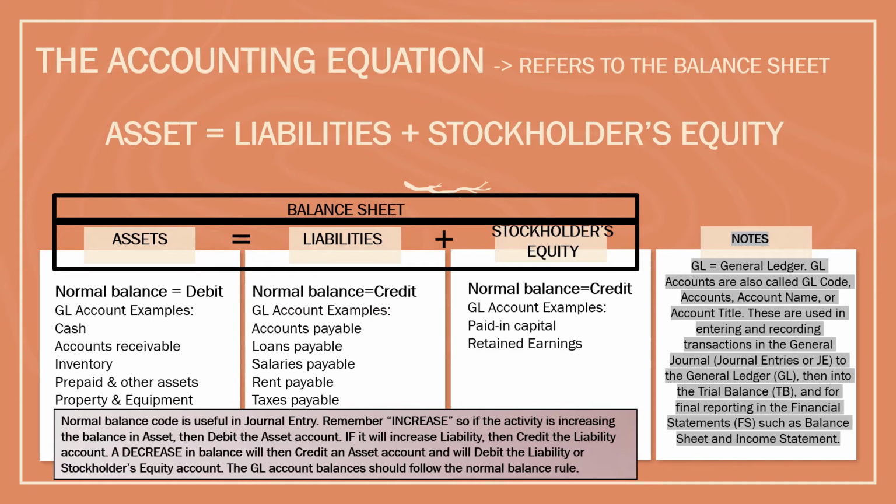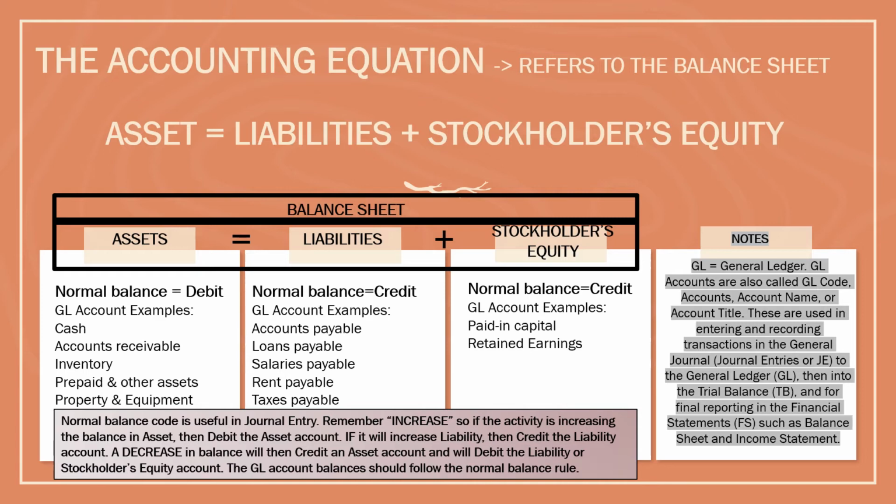And I have some notes here on the side. I know a lot of students, especially those who are just starting in accounting, are always confused about why we have GL accounts. What are they? So these are the examples of your GL accounts. I just want to reiterate that. First of all, we keep on saying GL because we already know what it is.